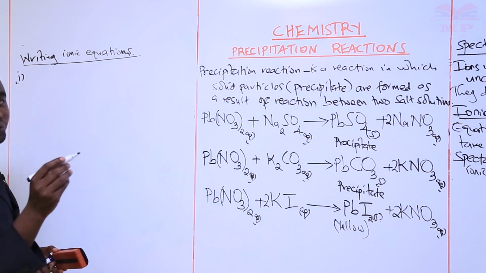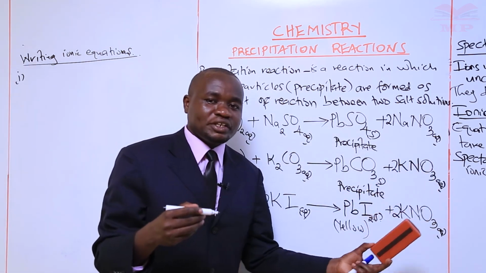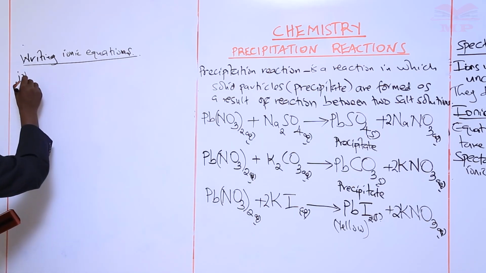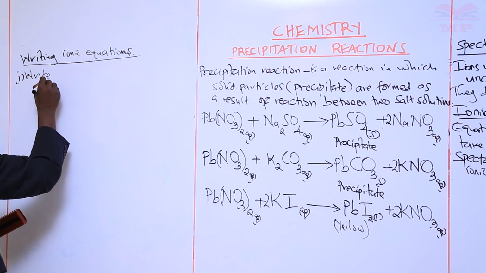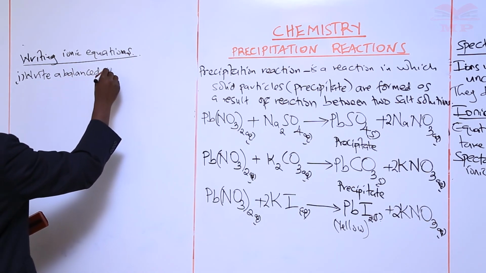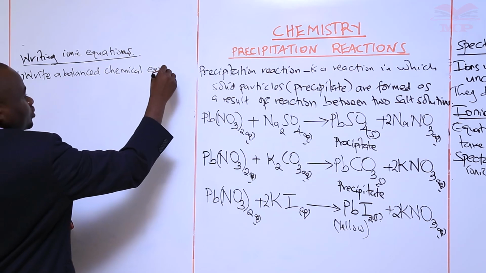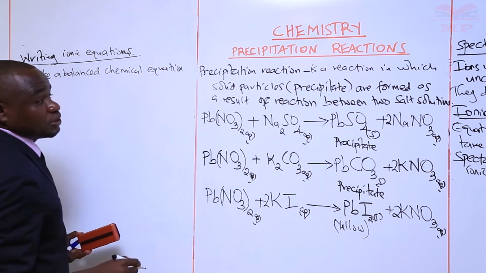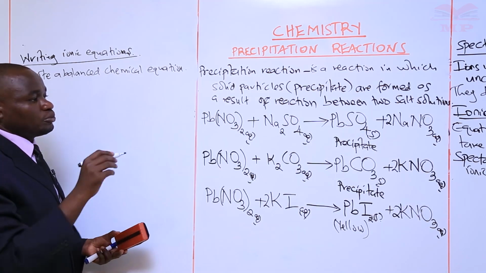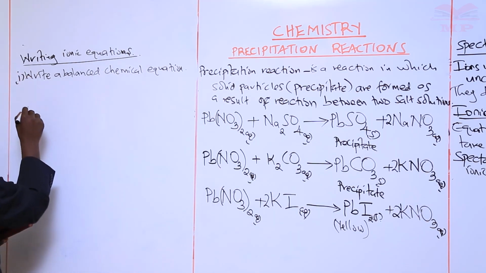So the first thing you do is you cannot write an ionic equation before you write the chemical equation. So step number one, write a balanced chemical equation. So you first of all begin by writing the chemical equation. From it, you can use it to now get the ionic equation.